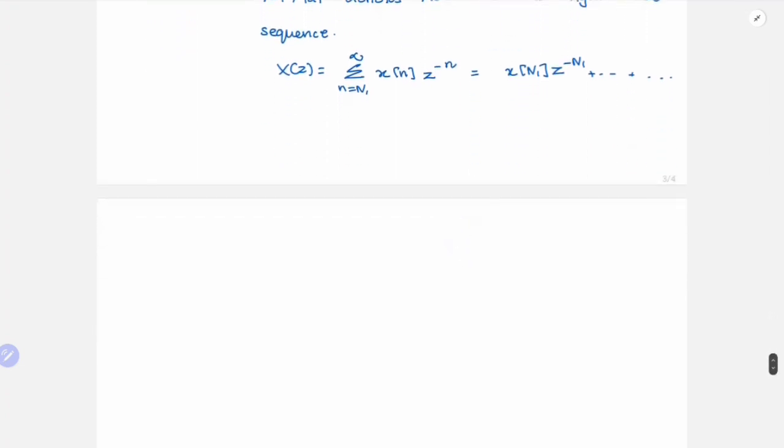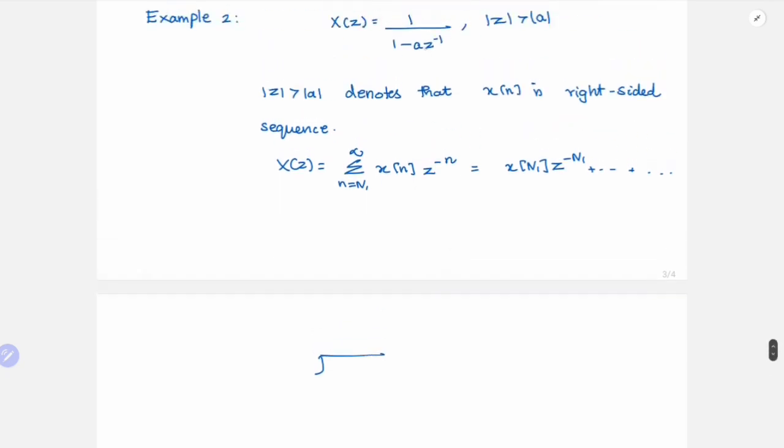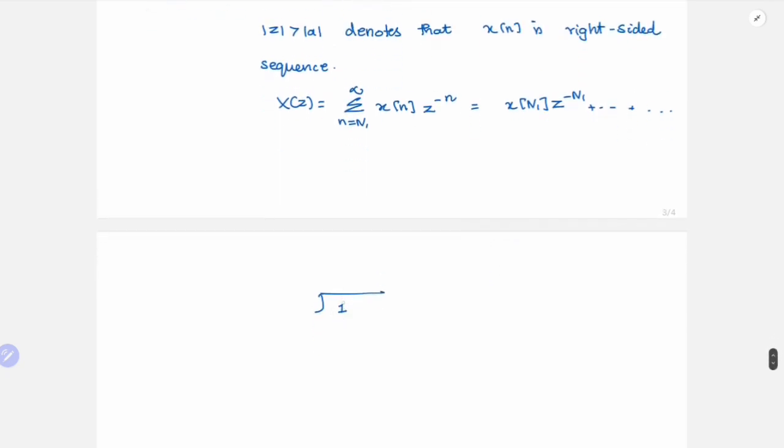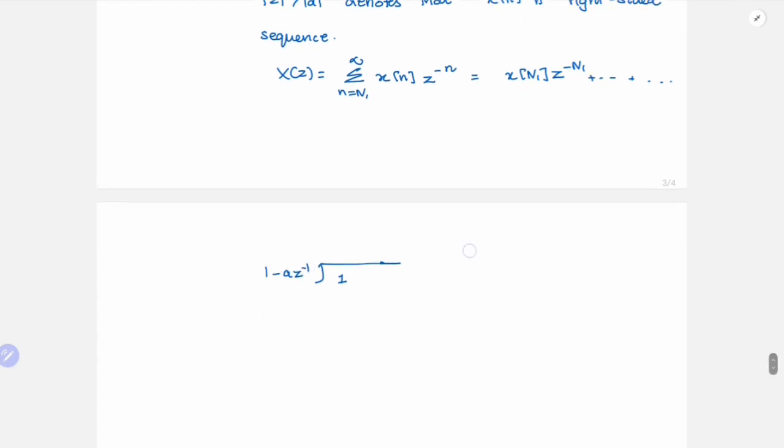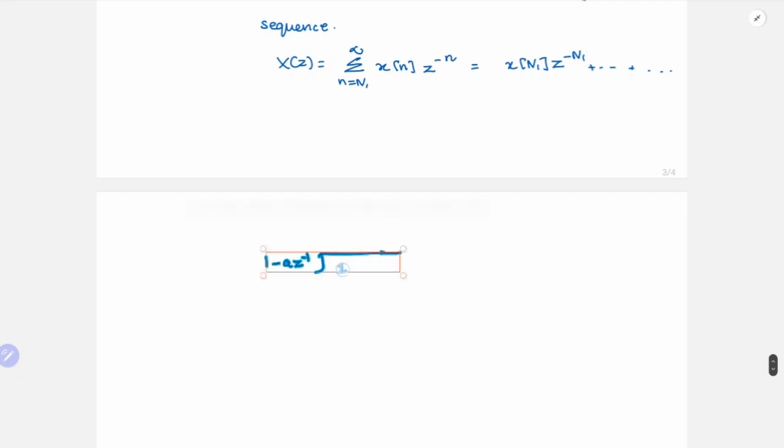So we will be using our long division method to find the coefficients. Our numerator is nothing but 1 here, and your denominator is 1 minus az inverse. I can write my denominator in two ways. I can write it as 1 minus az inverse, or I can put minus az inverse plus 1.